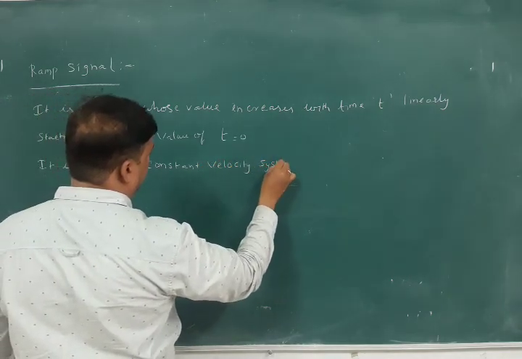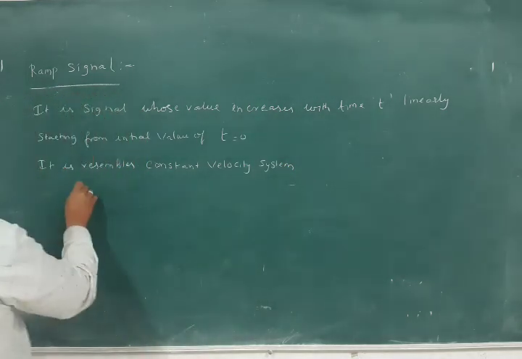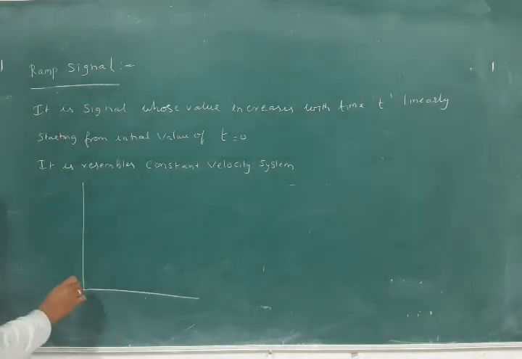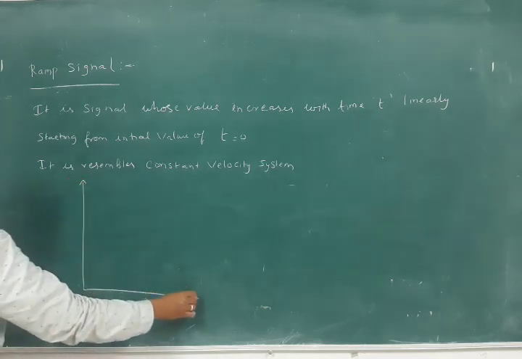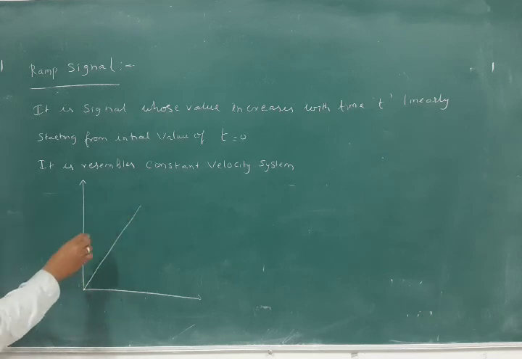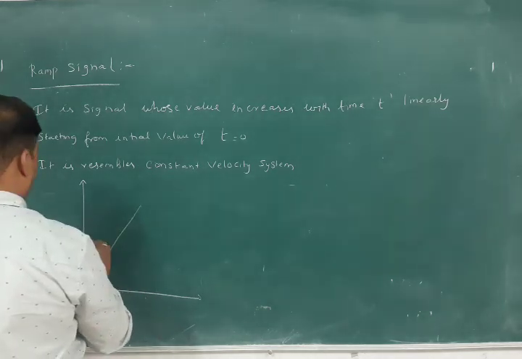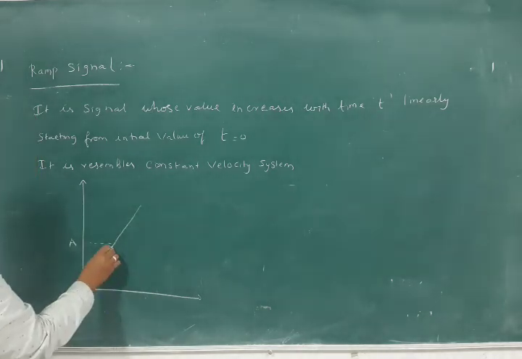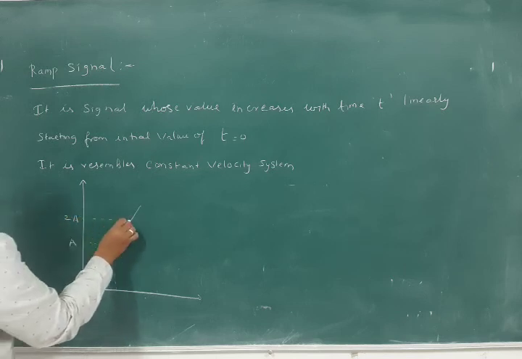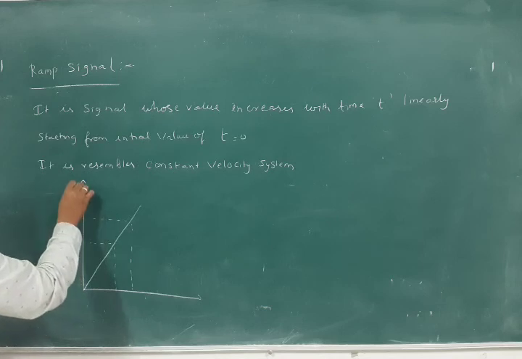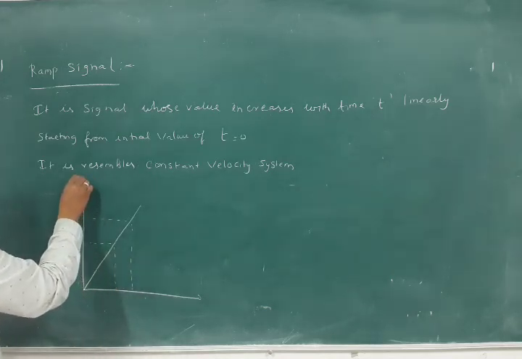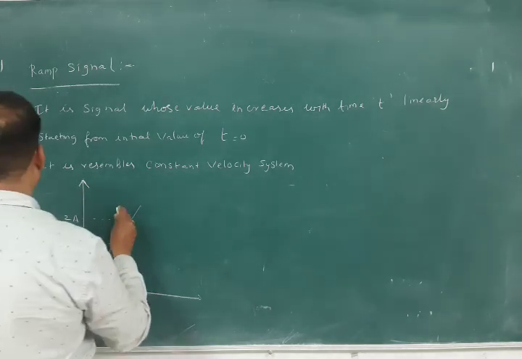We can draw the graph: it starts from 0 and increases linearly like this. Suppose it was A at some point, it has increased to 2A at some other point. This is called a ramp signal or velocity input. It resembles a velocity input of the system.